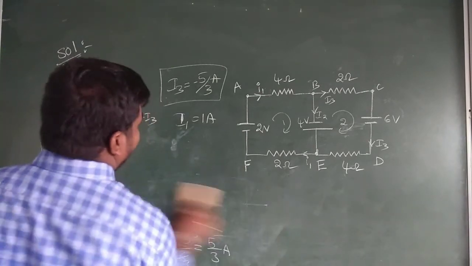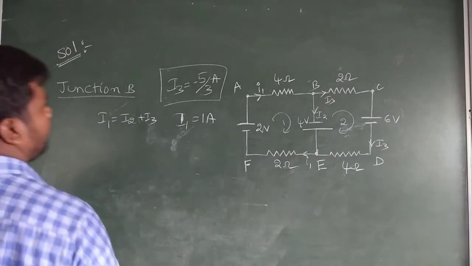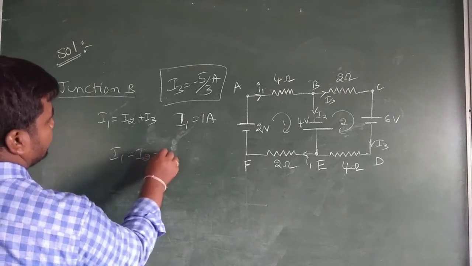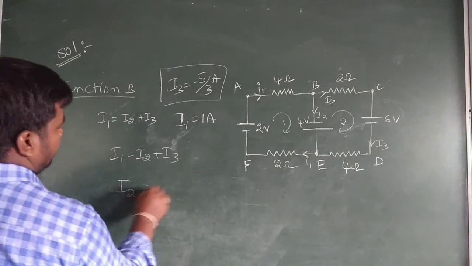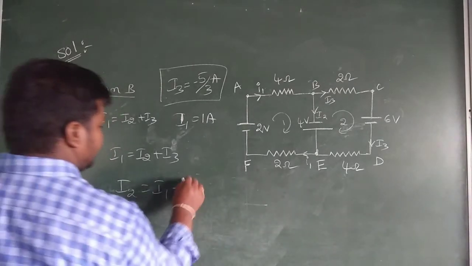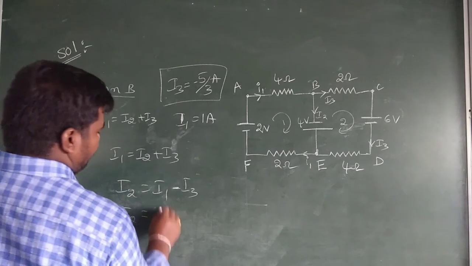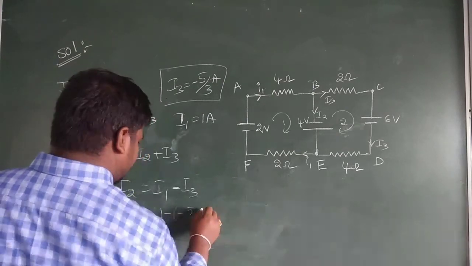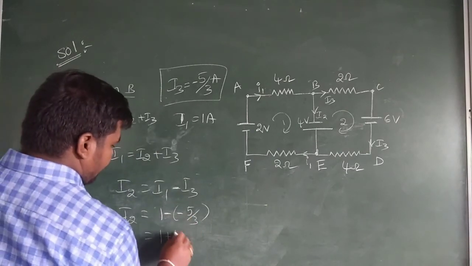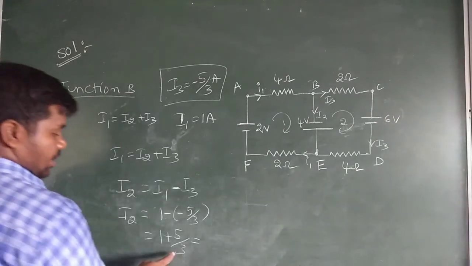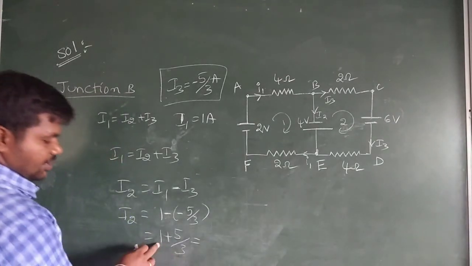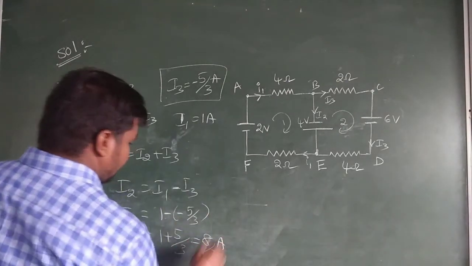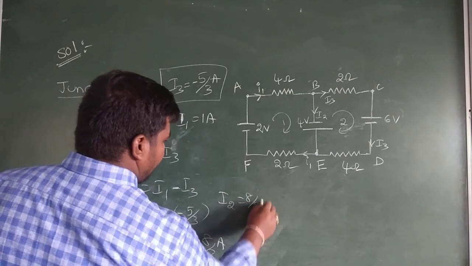From the junction rule, I1 is equal to I2 plus I3, so I2 is equal to I1 minus I3, which is 1 minus of minus 5 by 3, that is 1 plus 5 by 3, which is 8 by 3 amperes. So the I2 current is 8 by 3 amperes.